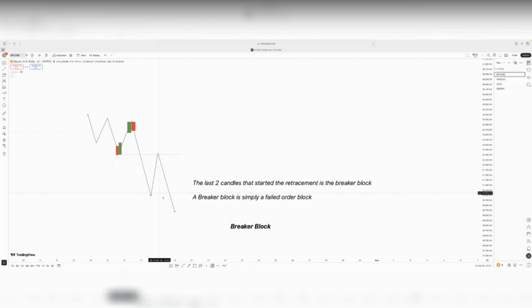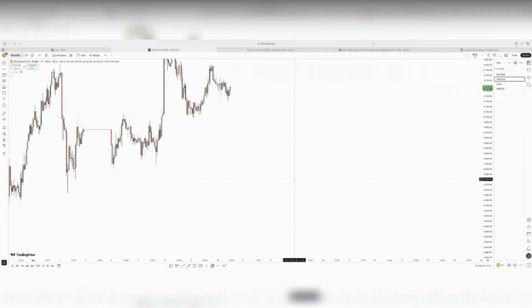Now, in a downtrend, this small uptrend is the retracement. The two candles that start this retracement are my breaker block, and once price breaks it, I expect price to use it for continuation. Same order blocks and breaker blocks that we can find.